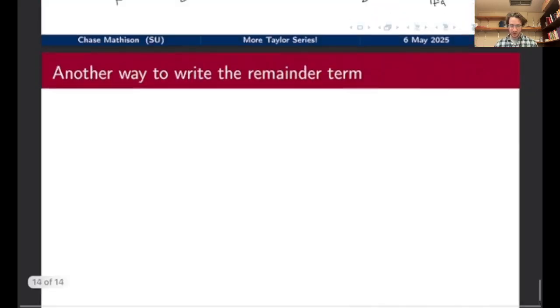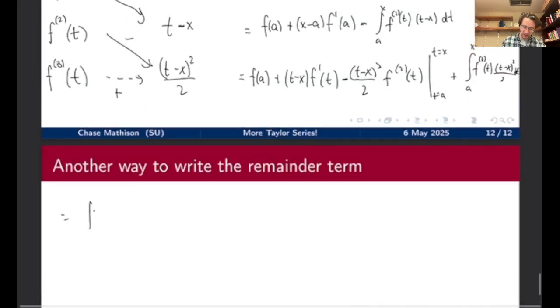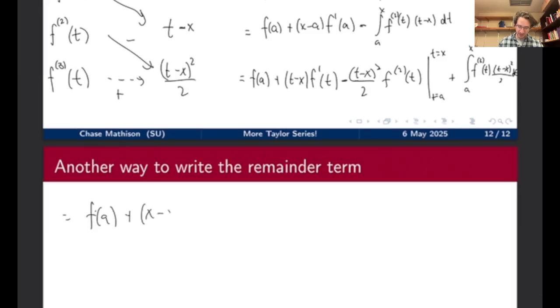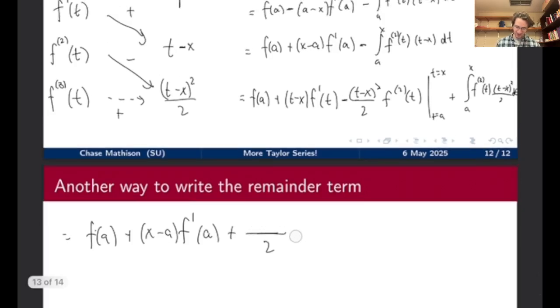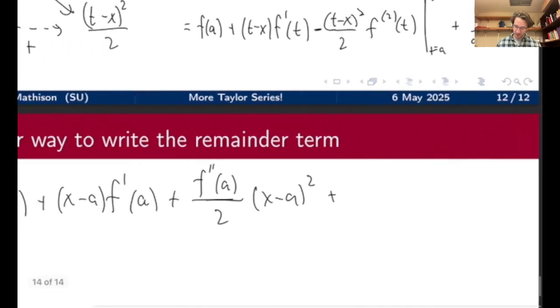And when you actually evaluate that, you end up with f of a plus x minus a f prime of a plus x minus a squared over 2 times f double prime of a. Why am I writing it in that silly way? Let me write this as f double prime of a over 2 times x minus a squared, and then plus this integral remainder.